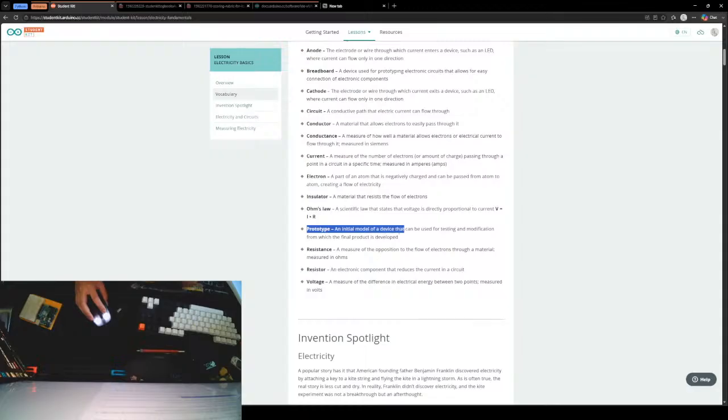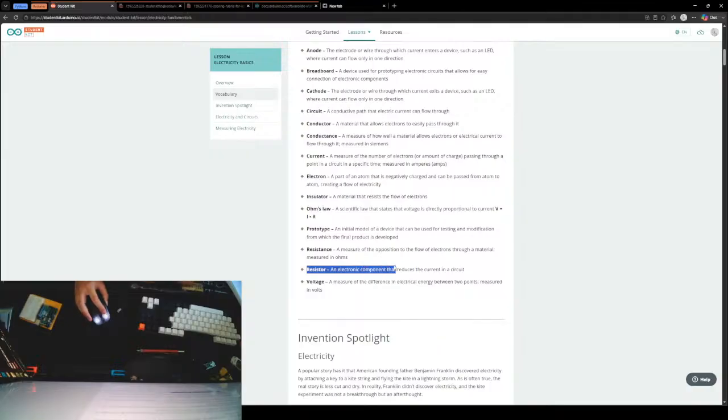Prototype: an initial model of a device that can be used for testing and modification, from which the product is developed. Resistance: a measure of the opposition to the flow of electrons through a material, measured in ohms. Resistance is in ohms, okay.